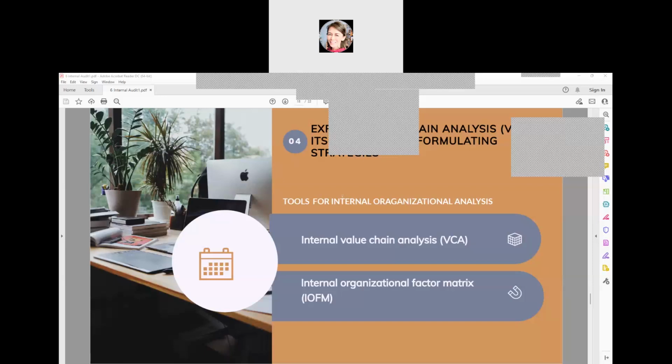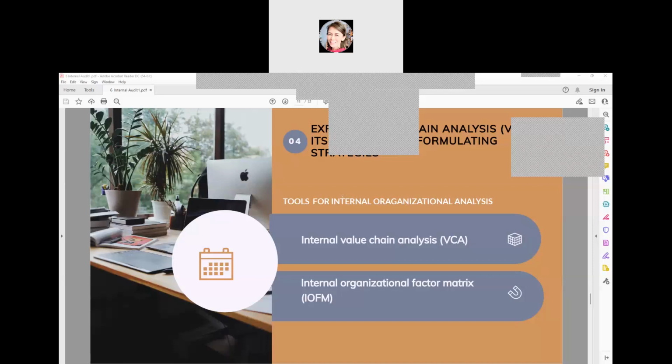These are tools to internally analyze an organization. There are many other tools actually, but these are the tools that we're focusing on in this subject, VCA and IOFM, to begin with. There are others later on. We will talk about EFE, we will talk about SWOT, but we will discuss these two first.